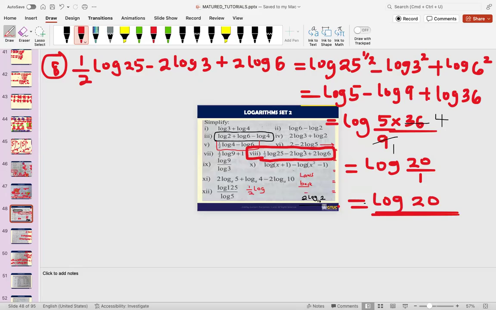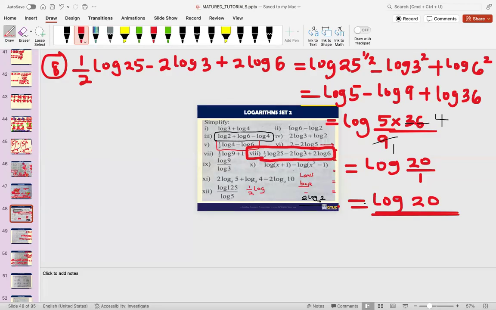Yes, sir. Please, sir, can you go over and start from the second step, log 5 minus log 9 plus log 36? Thank you. So log 5 minus 9 is second law, so 5 will be up, 9 will be down. Plus means that the number should multiply at the top. That is why we multiply the 36.